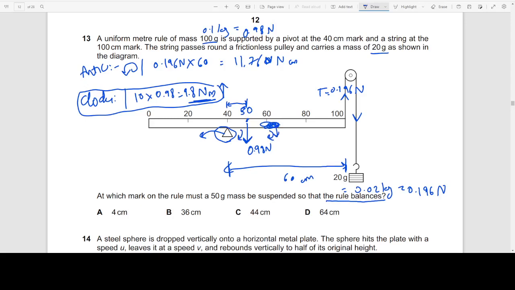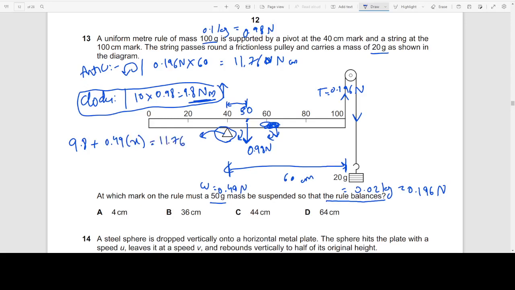And so clockwise moment 9.8 plus the 50 gram mass, so the weight is going to be 0.49 newton. So plus 0.49 into x, because we have to find out this distance x from the pivot, which is equal to 11.76.